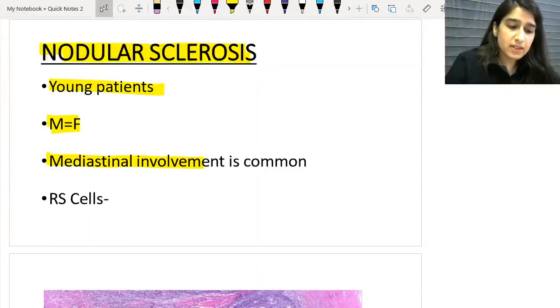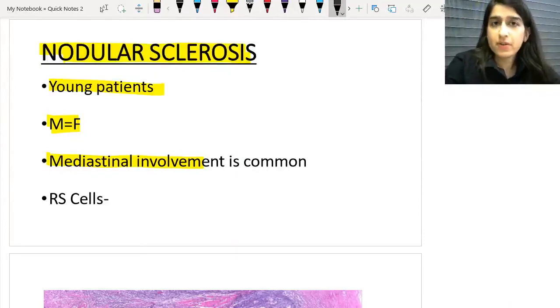Now the name itself suggests, what is the name? Nodular sclerosis. What do you mean by sclerosis? Sclerosis means collagen deposition. Nodular means formation of nodules. So, nodular sclerosis means that there is deposition of eosinophilic collagen bundles forming nodules, right?